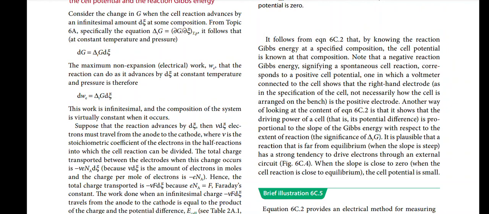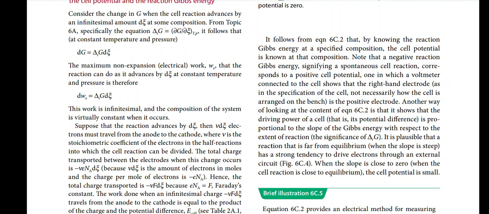It follows that at constant temperature, the maximum non-expansion electrical work dWe that the reaction can do as it advances by d xi at constant temperature and pressure is therefore dWe equals delta r G d xi. This work is infinitesimal, and the composition of the system is virtually constant when it occurs.